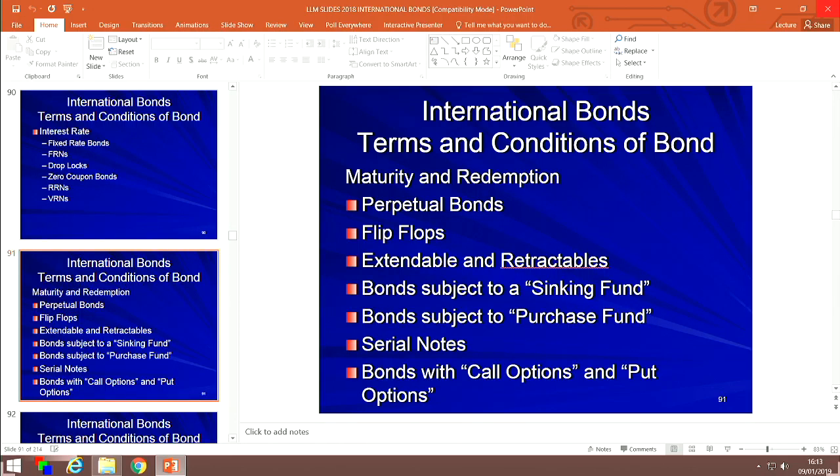The purchase fund structure requires the issuer not to redeem 30% of bonds in year 5 and 10% in year 7 and so on, but to offer to purchase in the markets a specified percentage of the bonds in year 5, year 6, year 7, year 8.